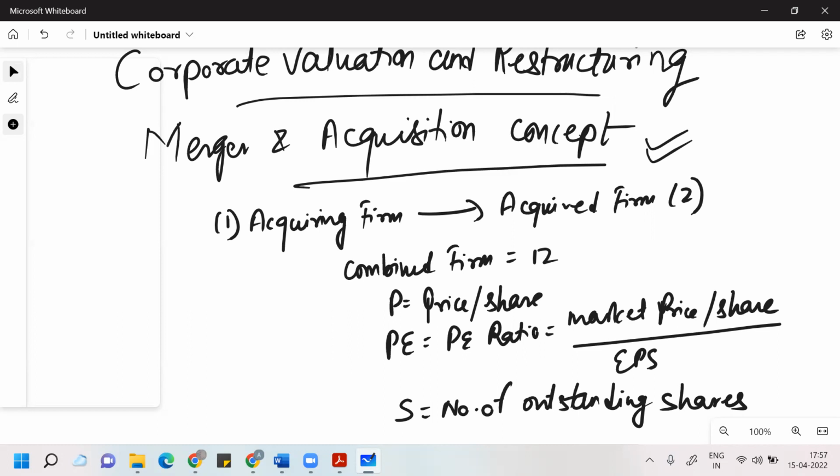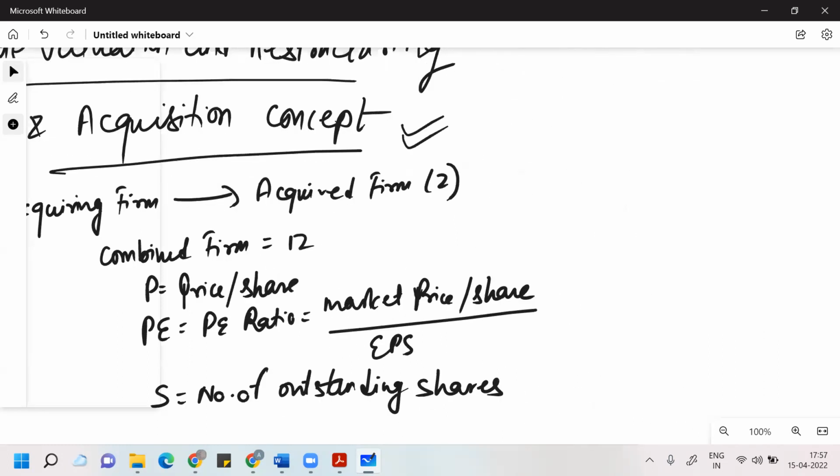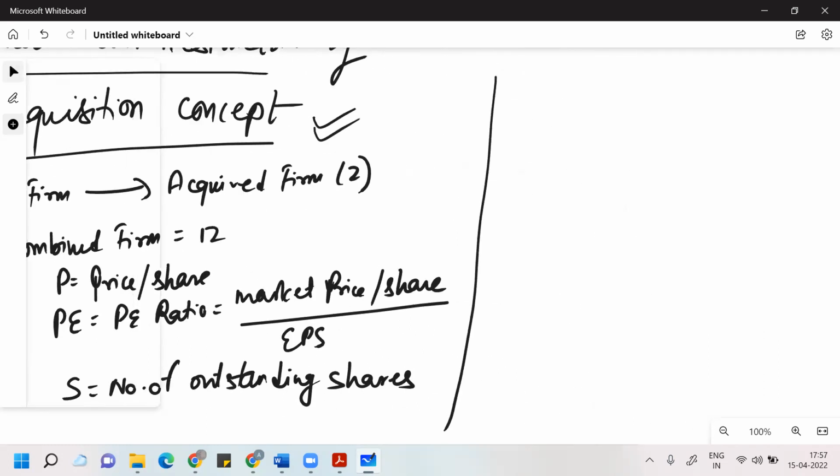Now the next thing you need to understand is the maximum exchange ratio, which I'm writing as ER1. When firm 1 acquires firm 2, what is the maximum exchange ratio firm 1 can offer to firm 2?